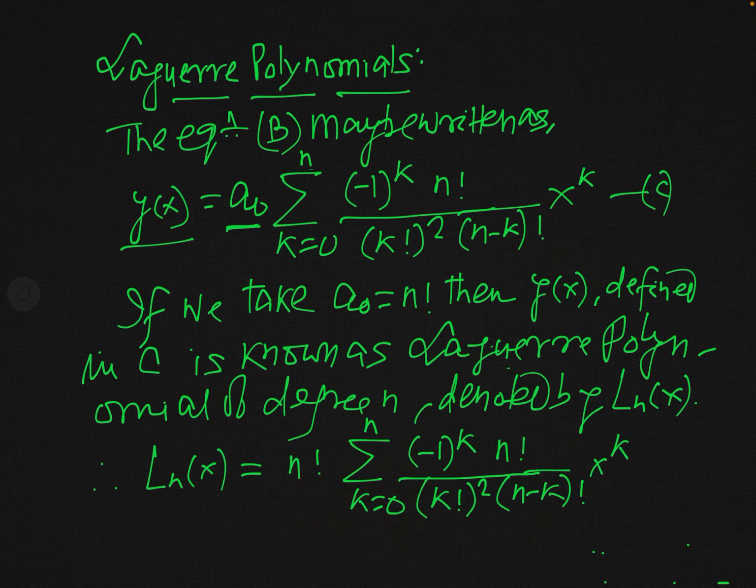And as you can see, this n factorial times n factorial, you can write simply as n factorial square.